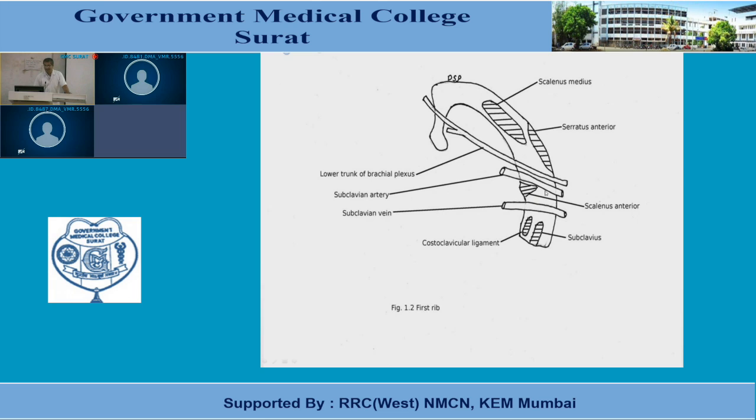Just anterior to the scalene tubercle there is a groove, and also one posterior to it, so two grooves are present on the upper surface of this first rib.